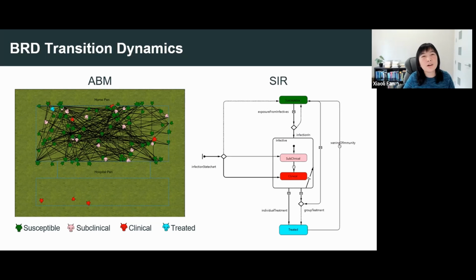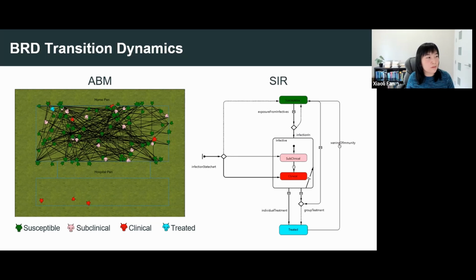And because we have several quite different testing methods, depending on which type of testing method we use, different cattle can be pulled out to the hospital pen.